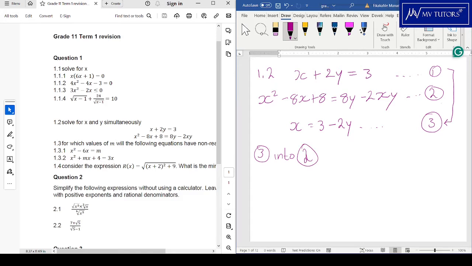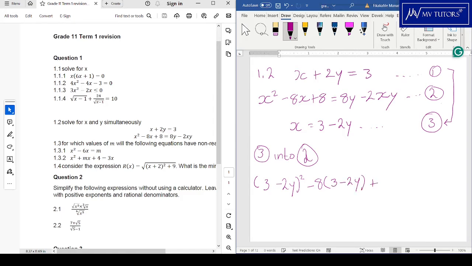So that means where I have an x, I will substitute this. The first one, I have an x there, it's squared, so I'll open a bracket and I'll put what x is equal to, and it's equal to 3 minus 2y, and that is squared, minus 8. I have an x again, so I open a bracket and I put what x is equal to, 3 minus 2y.